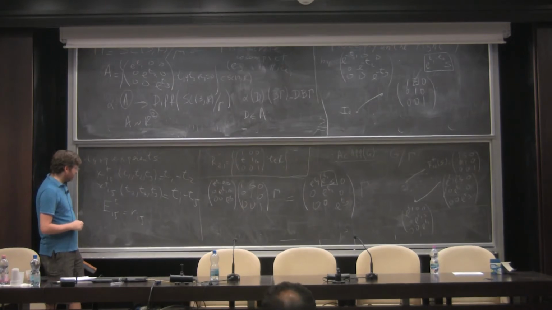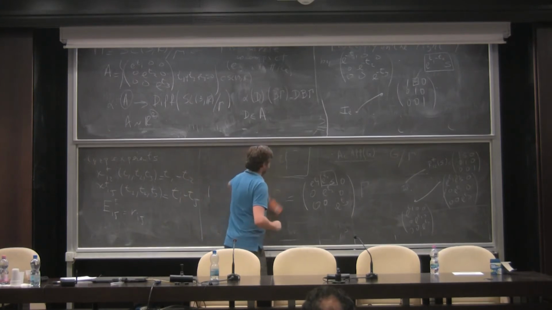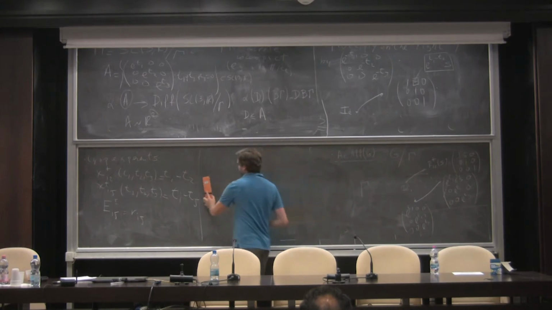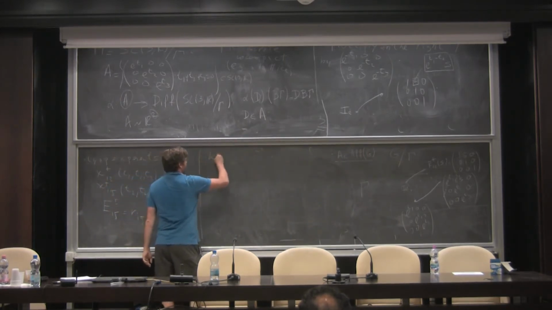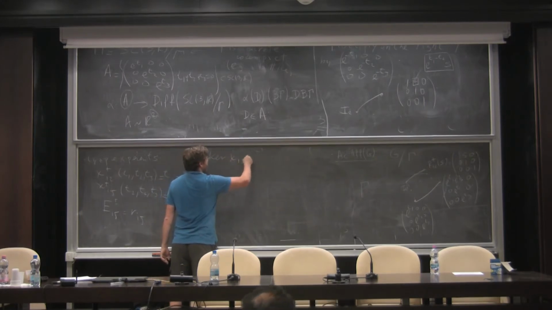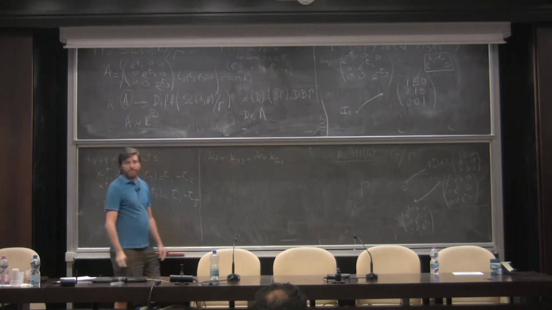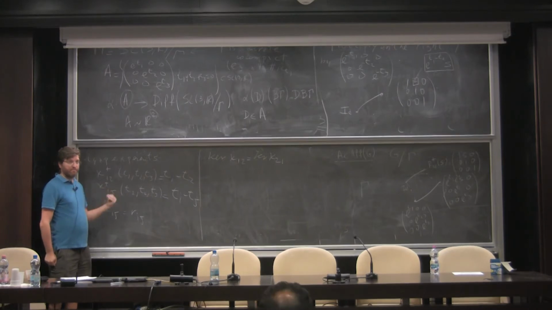So far so good. So this is how you compute. Now let me tell you why the plus and the minus. You see that the kernel of chi 1,2 is the same as the kernel of chi 2,1, because it's t1 equals t2. When one is positive, the other one is negative.